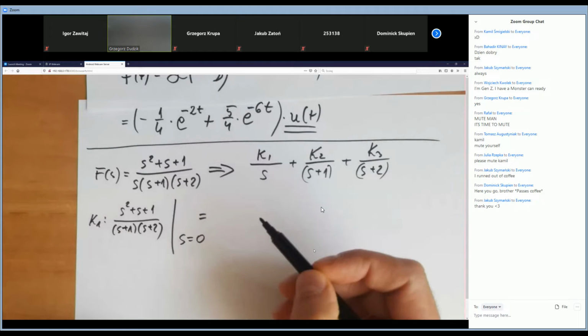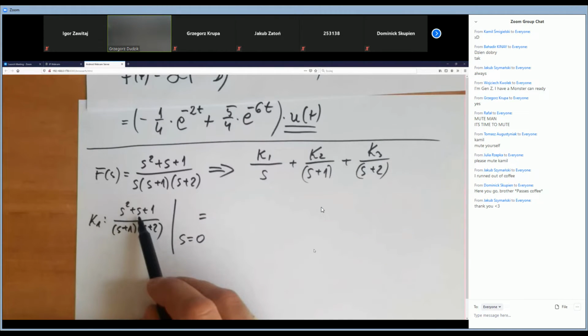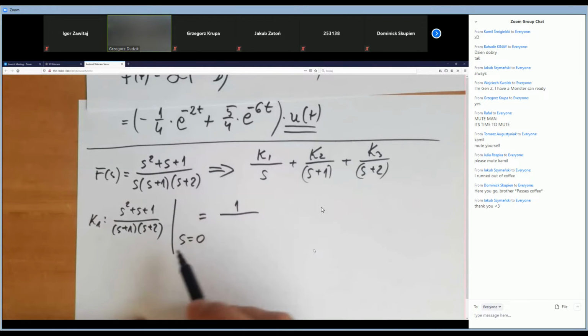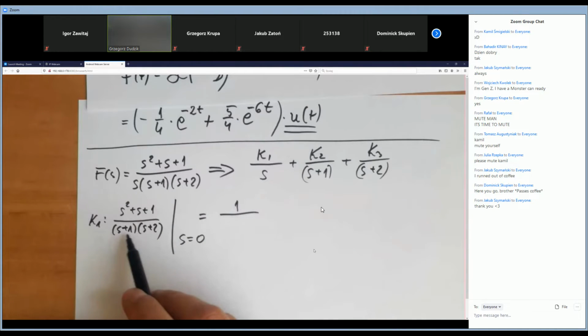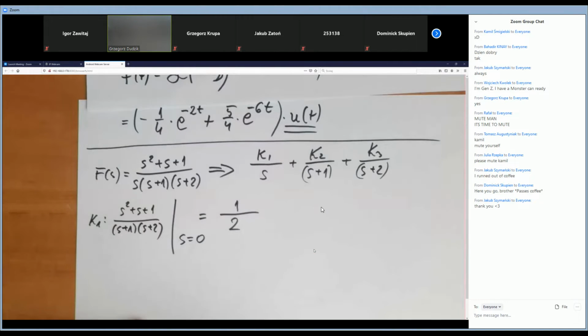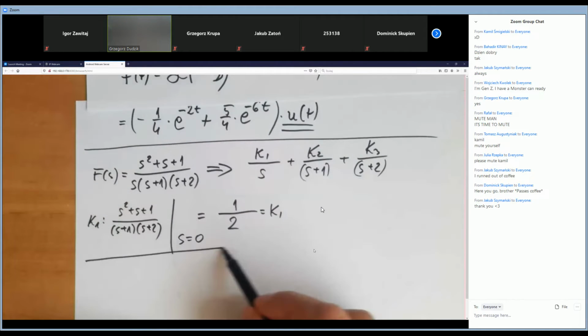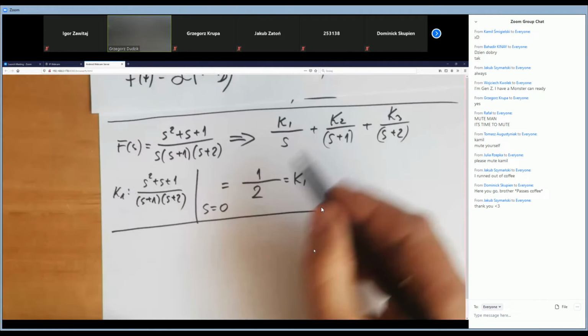So this is equal how many? 0, 0, 1. And here we've got 0 and 0 plus 2 times 1, it is 2. So it is 1 over 2. And this is K1. Okay, K2.